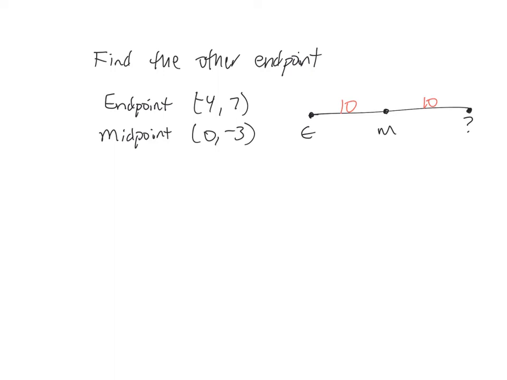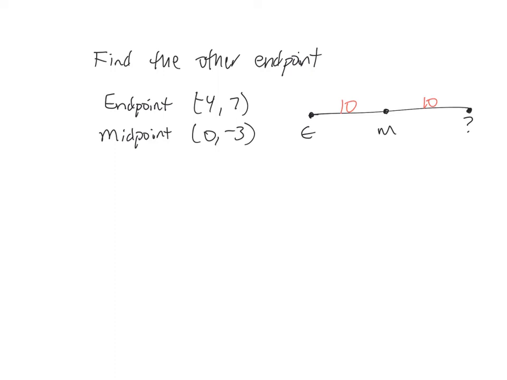It's right in the middle. So if I took 10 steps to get to the middle, I'd have to take 10 more steps to get to the other side. If I drove 10 miles and I'm right in the middle, I'm halfway there, I have to drive 10 more miles.